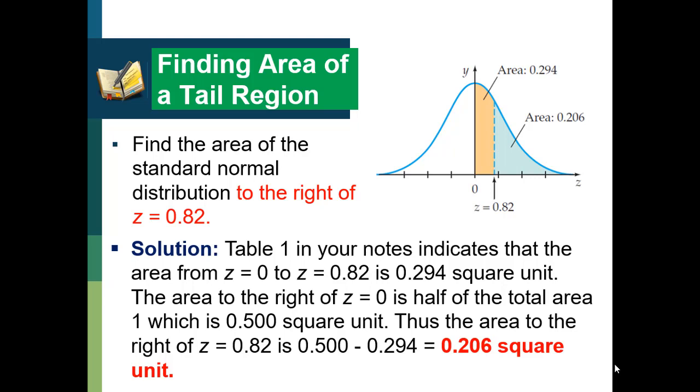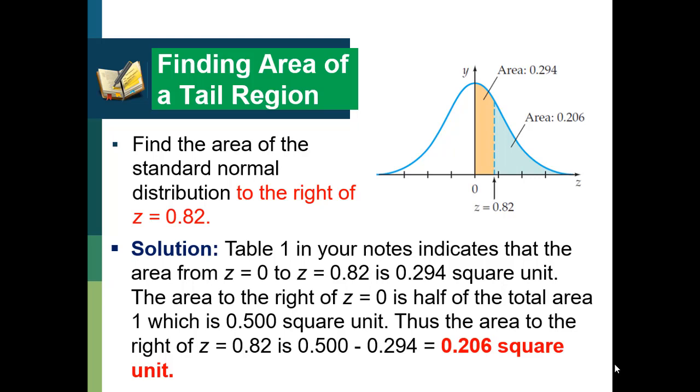Since we're looking only for the area to the right of 0.82, we have to subtract the area from 0 to 0.82, which is 0.294, from 0.500. Why 0.500? One of the properties of the normal distribution described earlier is that the total area is 1.